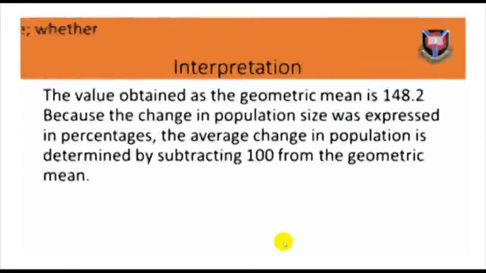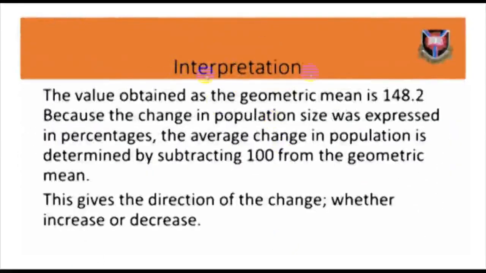6. Interpretation. The problem is to find the average percentage change in population. The values in column 4 are not individual measurements but are ratios. And to average these ratios, the geometric mean was required. The value obtained as the geometric mean is 148.2.